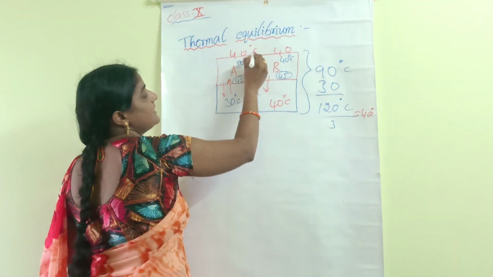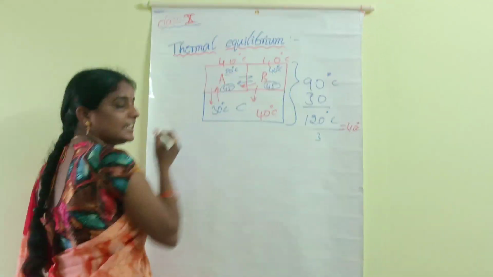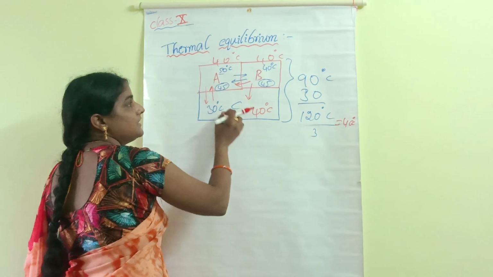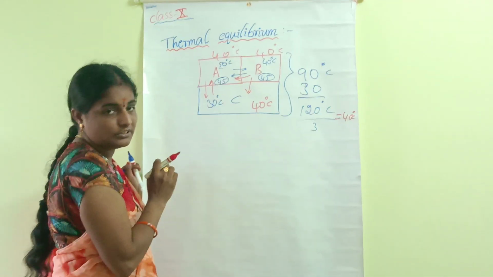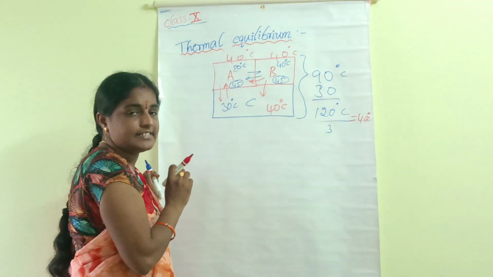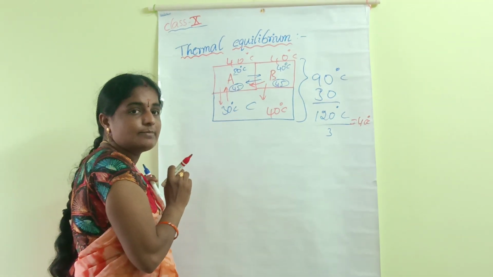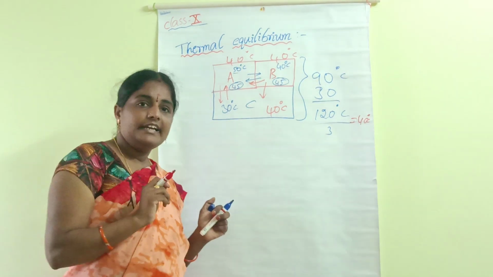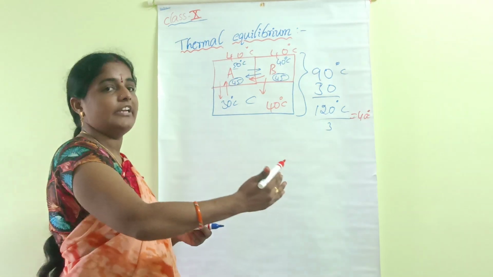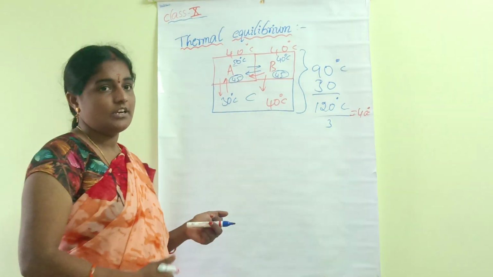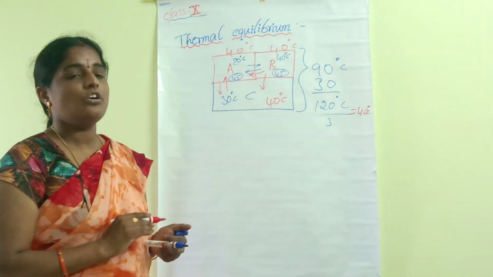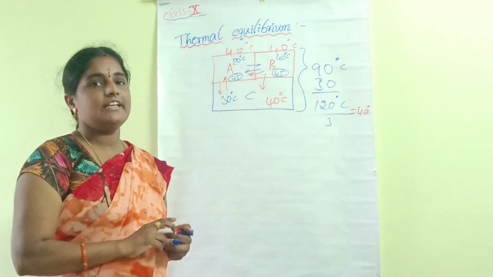This transfer takes place till all of them attain 40, 40, 40. Until 40 degrees Celsius is reached in all the systems, heat energy keeps transferring from one system to another system. This is nothing but thermal equilibrium with 3 systems. Okay, as I explained the definition of heat: heat is a form of energy and it can transfer from a higher energy body to a lower energy body, a higher temperature body to a lower temperature body.